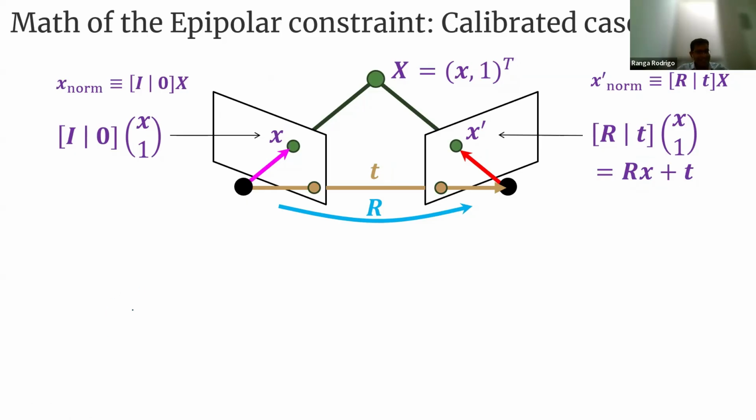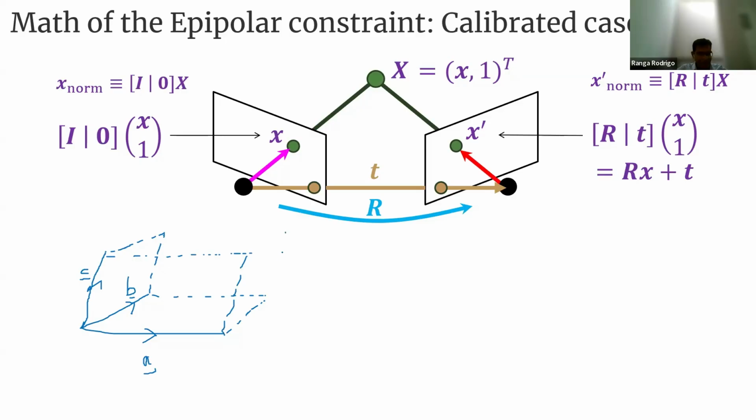If you have a vector A, and another vector B, and another vector C, do you remember how to get the volume of this parallelepiped?